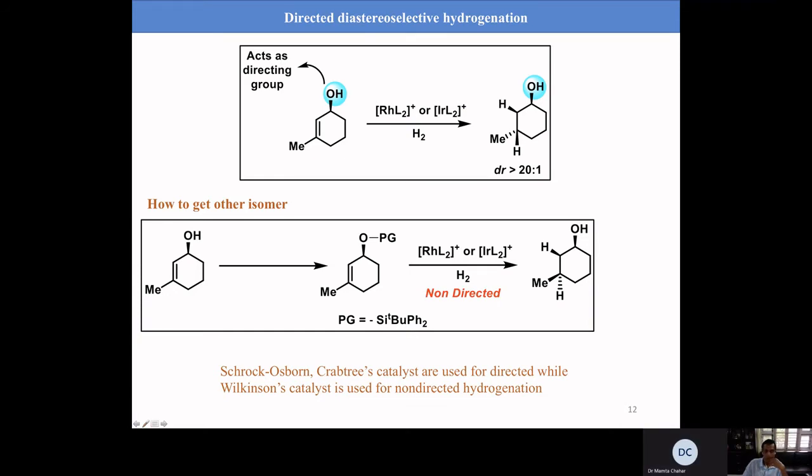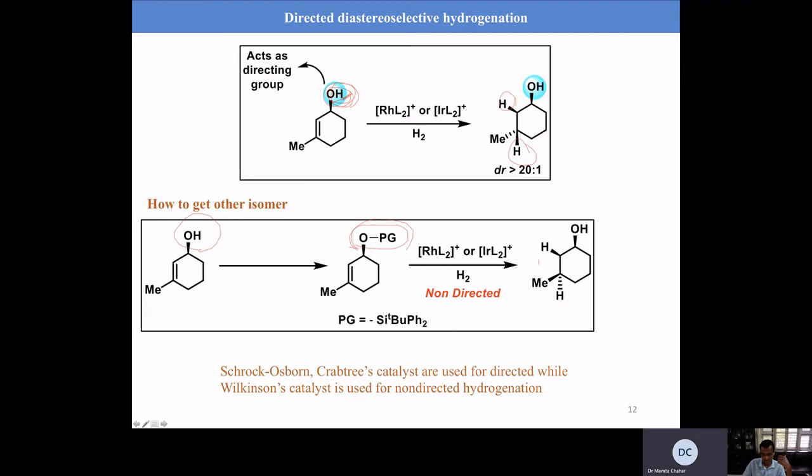So we are seeing that once the hydroxyl group is above the plane, the hydride addition is happening above the plane. If the hydroxyl group is below the plane, hydride addition will be happening from below the plane. Now, how will you get the other diastereomer? Well, for that, you can just simply protect the hydroxy group, and then it becomes a bulky group.